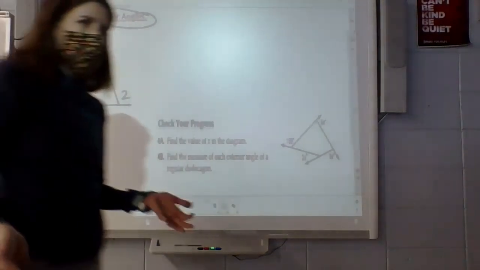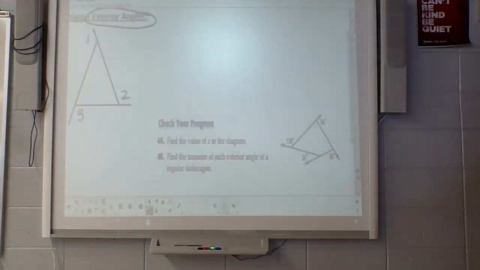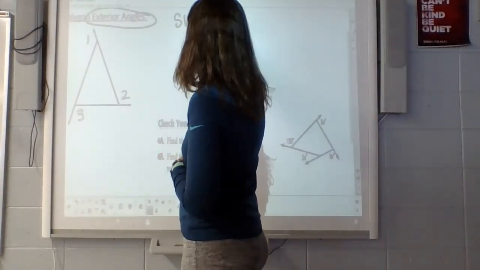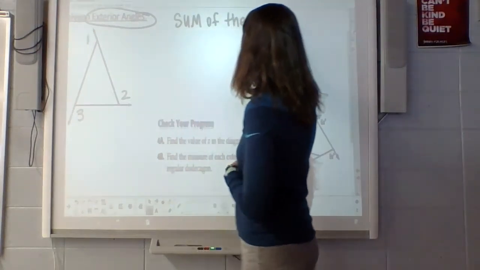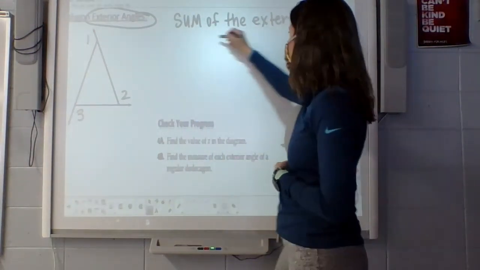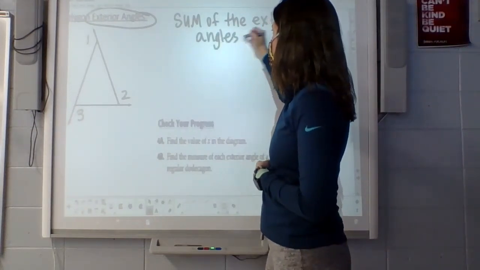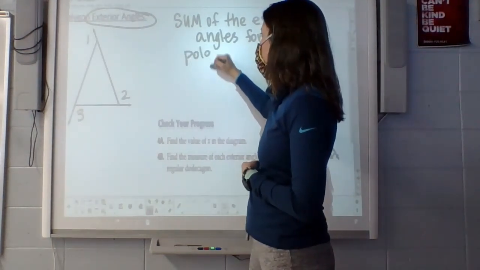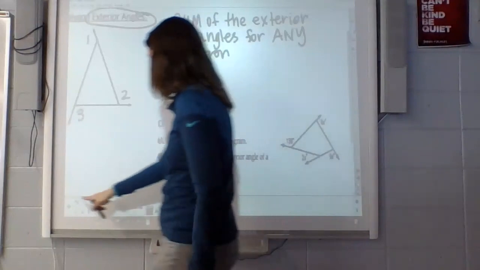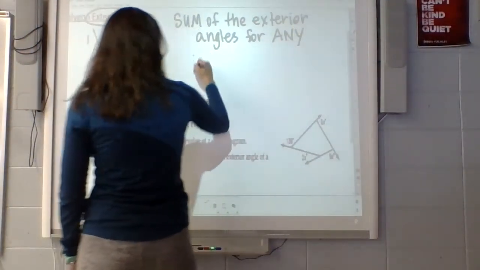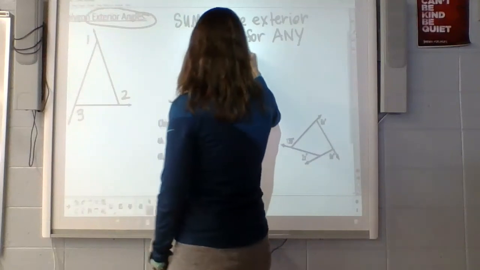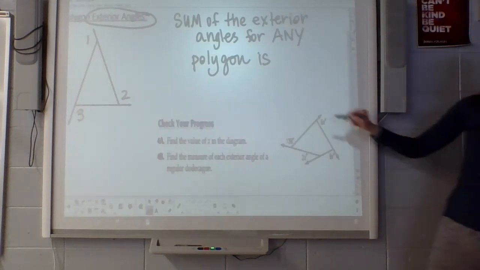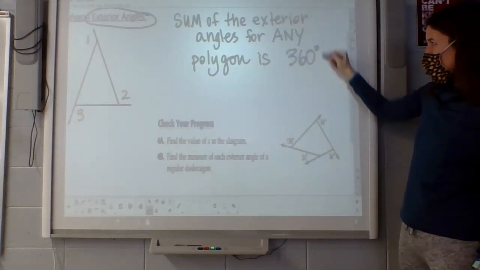This is kind of a crazy rule: regardless of the number of sides, the sum of these exterior angles is always the same. For any polygon, it doesn't matter if it's 3 sides or 17 sides, it's always going to add up to 360 degrees.